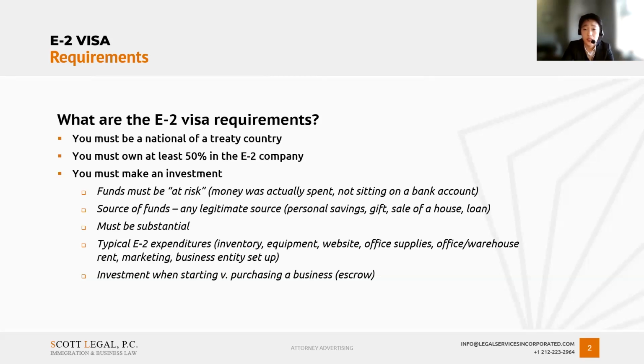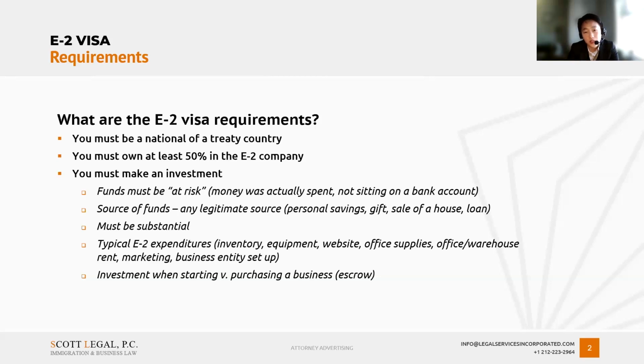A non-immigrant visa here means that it is not a green card, but an E-2 visa holder can actually continue extending the visa indefinitely as long as the applicant continues to meet all E-2 requirements. To get an E-2 visa, the applicant can either purchase an existing U.S. business or start up a new enterprise in the United States.